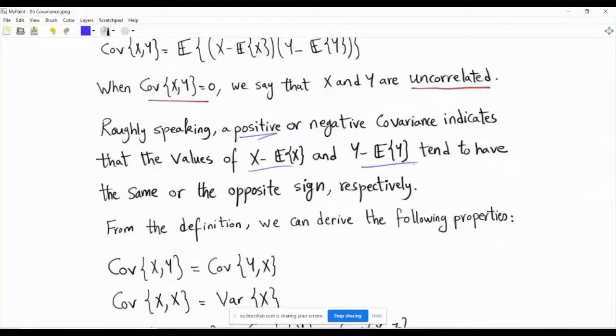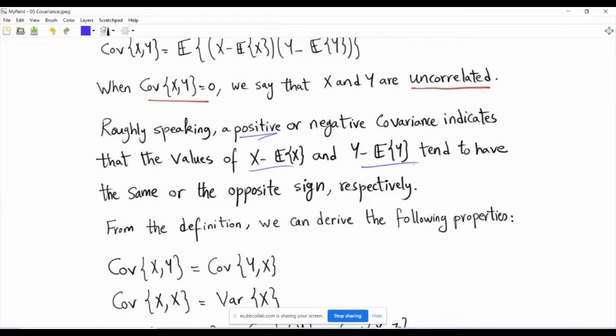Positive covariance means that x minus expected x and y minus expected y tend to have the same sign. Let me repeat: a positive covariance means it's more likely that if x is above its mean, then y is also above its mean, and if x is below its mean, then y is below its mean, which means that x minus expected x and y minus expected y have the same sign.